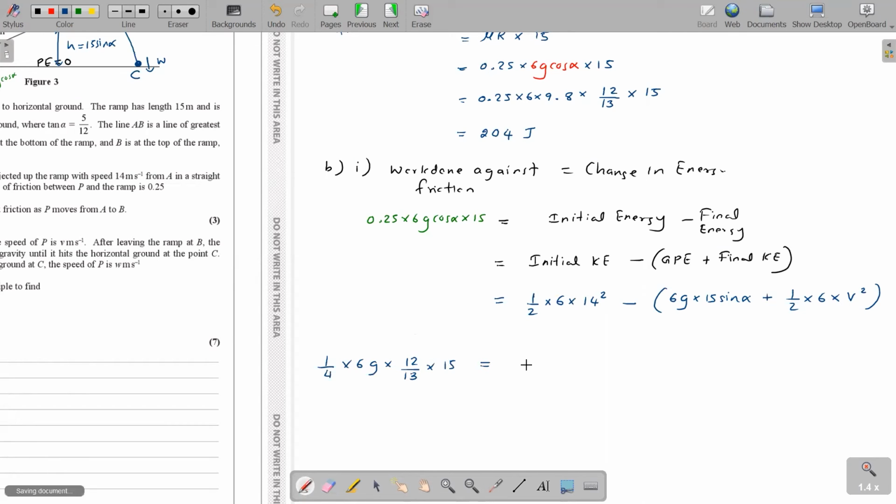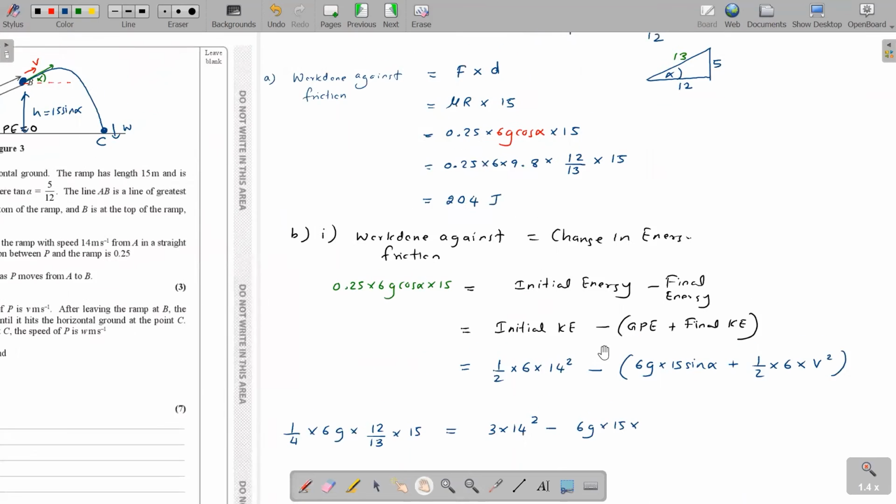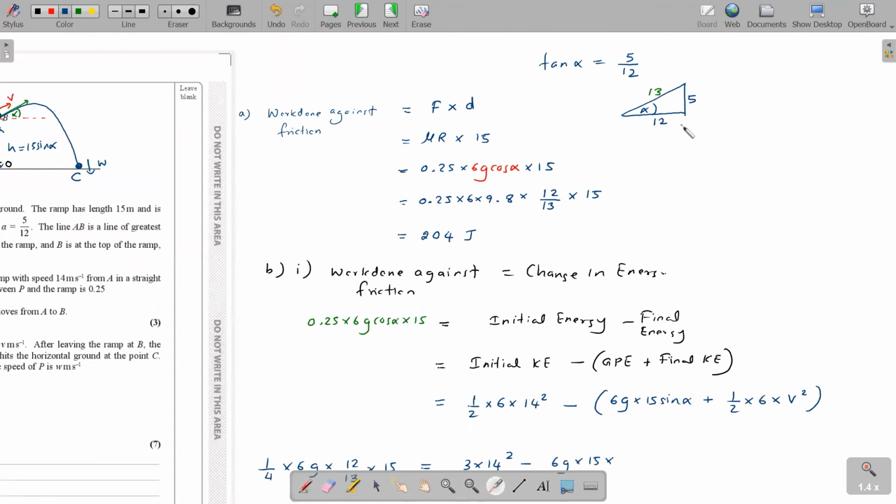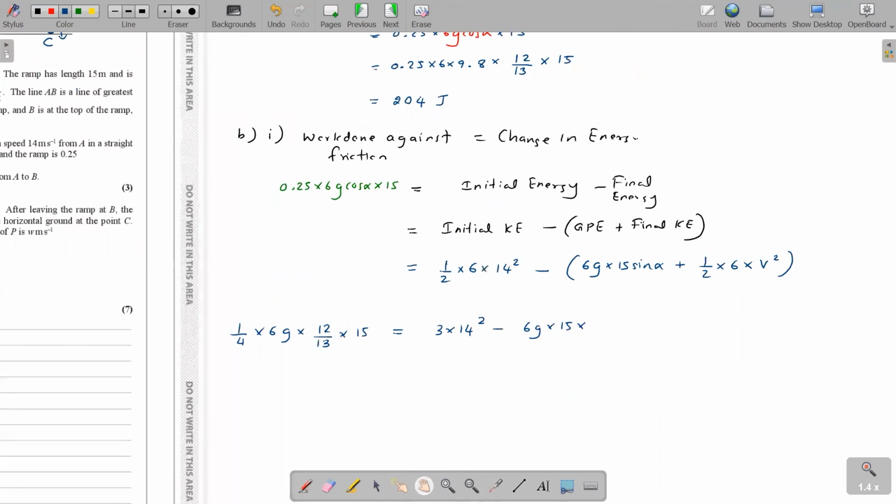Simplify here, I get 3 times 14 squared. So this one becomes minus 6g into 15 sin alpha, which is opposite over hypotenuse, 5 over 13.